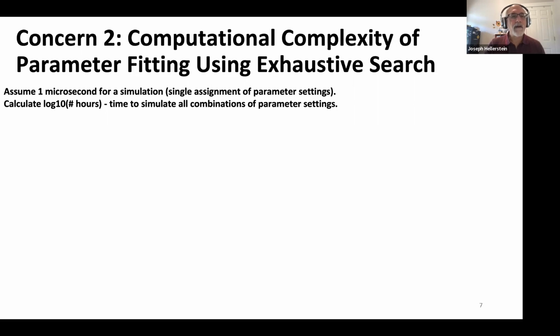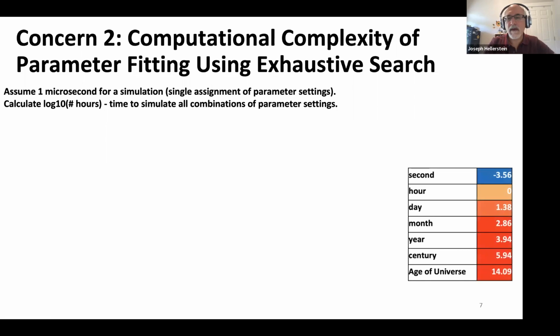So what does it take to simulate all combinations of parameter settings? We're doing an exhaustive search is the term here. If we really want to find something, we have to search this big space, and this is what it's going to take. Over here is a scale I'm going to be using. It's easier just to color code this.